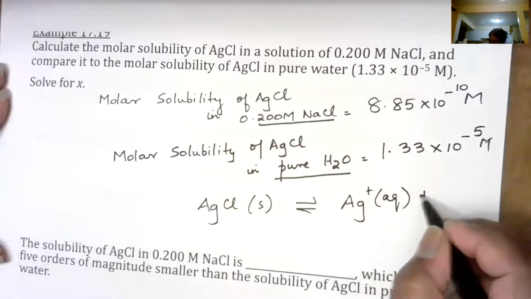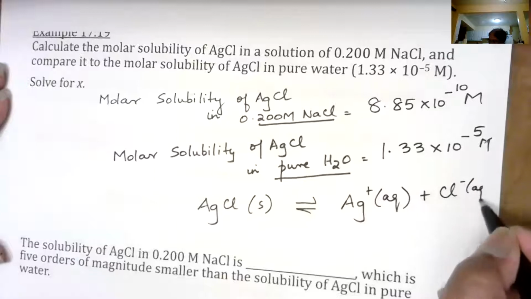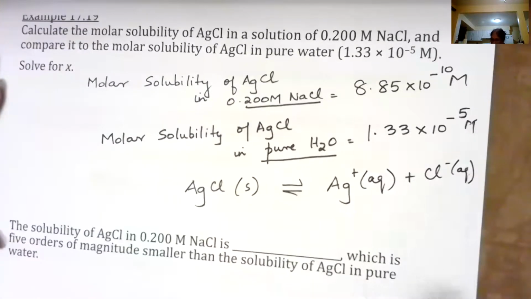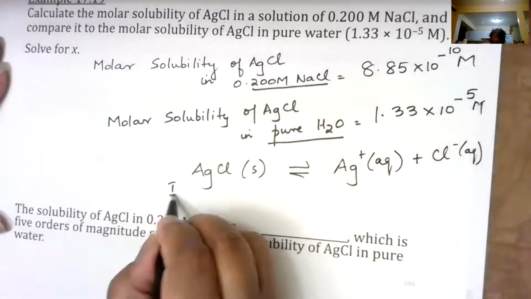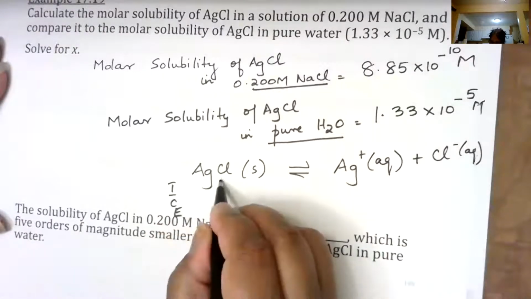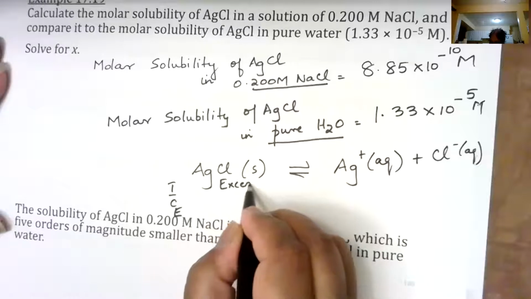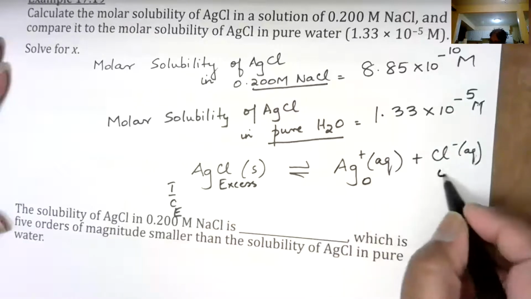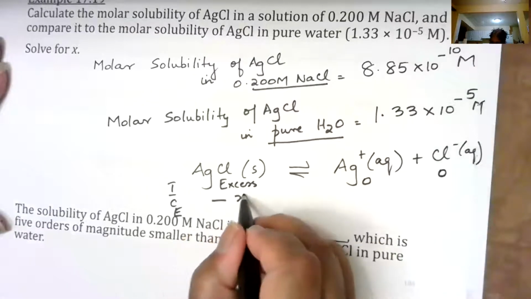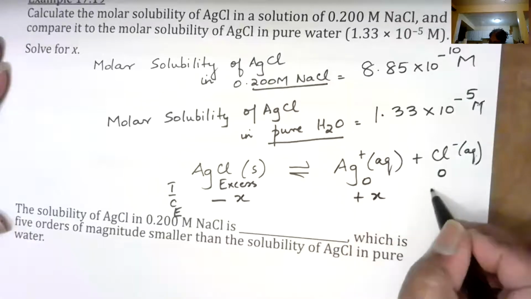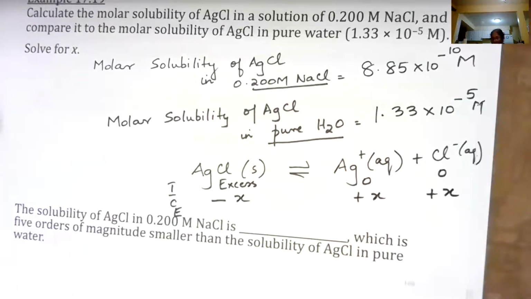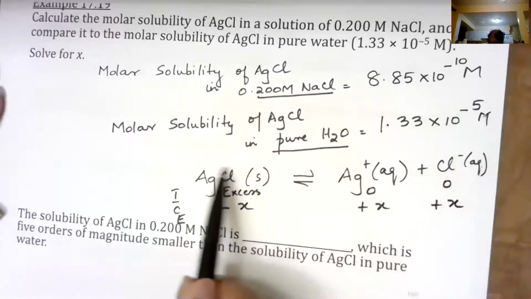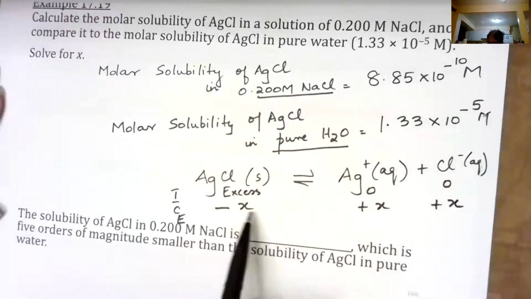In accordance with Le Chatelier's principle, you're trying to see how much of this goes into solution. Because when you write the ice table, you say excess of this, initially 0, 0, minus x, plus x, plus x. So how much of AgCl goes into solution is given by x.